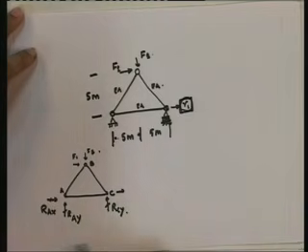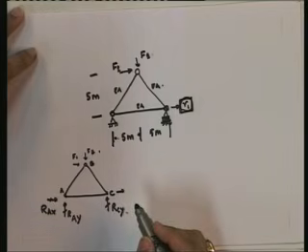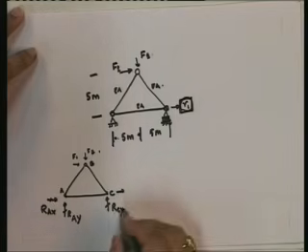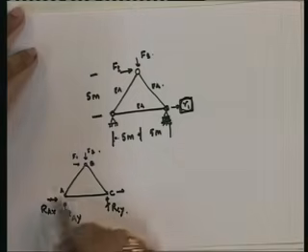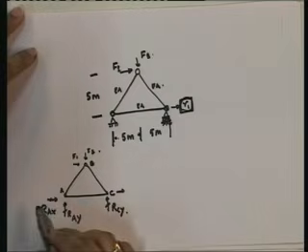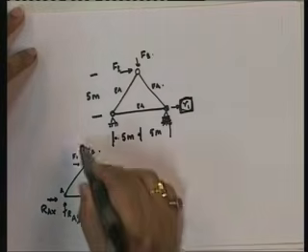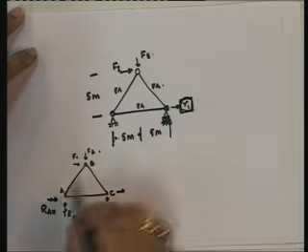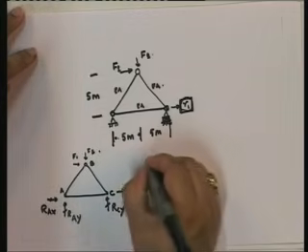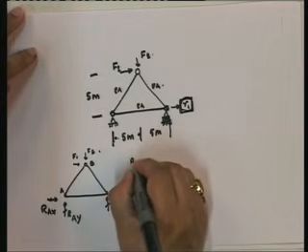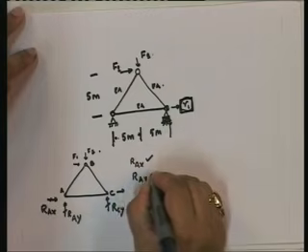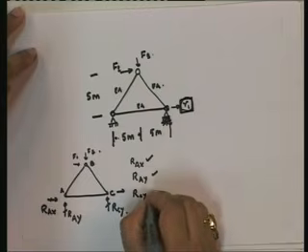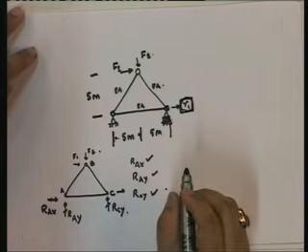Note that these are all the support reactions that you develop in this structure. Now, can I find these out? I can find these out. I don't want to go into it. You have three unknowns, three equations. One is for horizontal, one is for vertical, and one is taking moments about any point. You can find out RAX, RAY, and RCY.